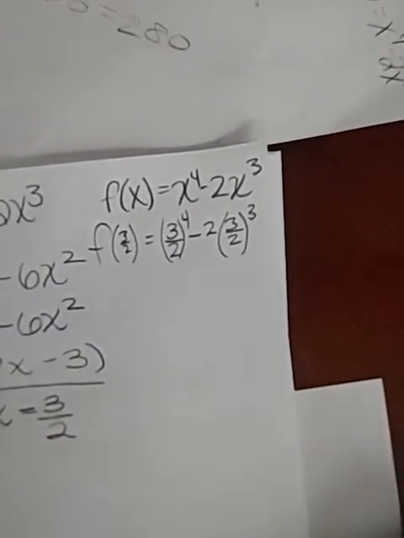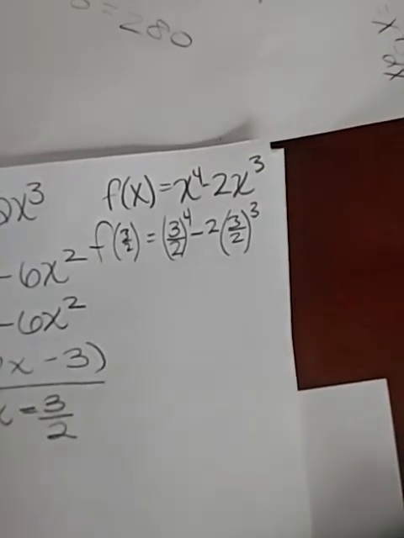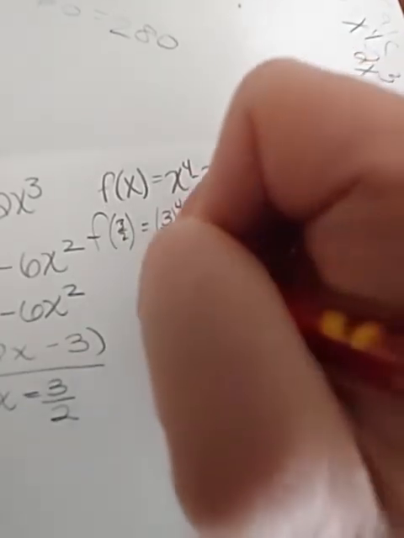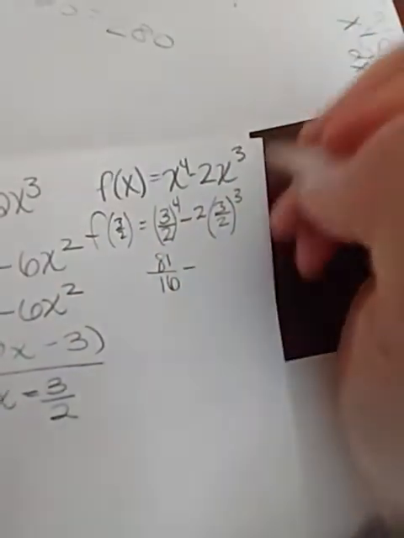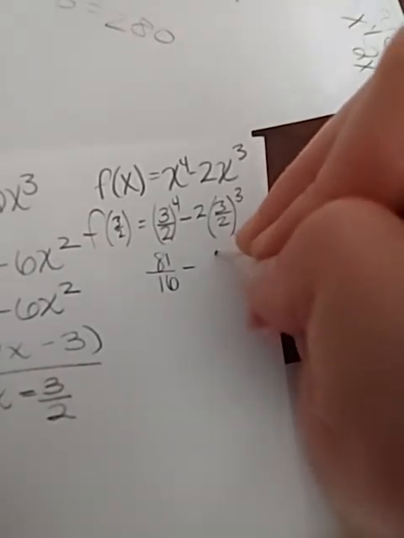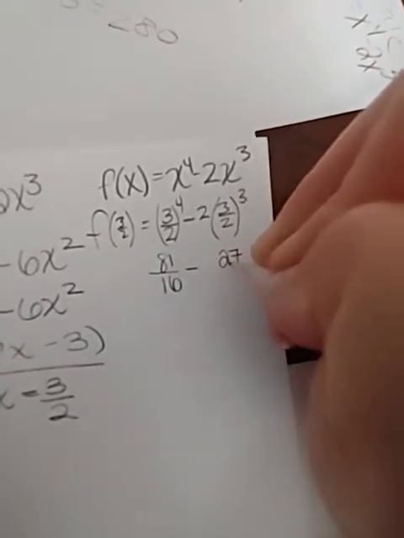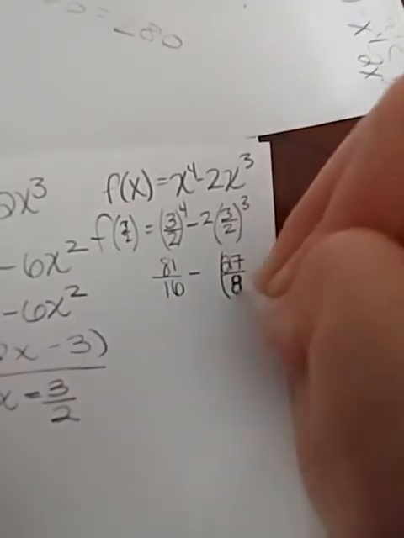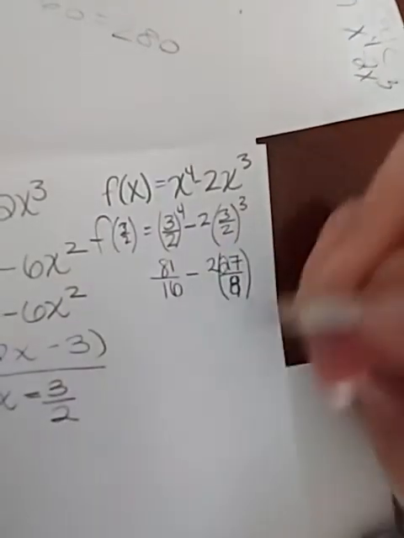So 3 over 2 raised to the 4th gives us 81 over 16. And then 3 over 2 to the 3rd is 27 over 8, times 2.